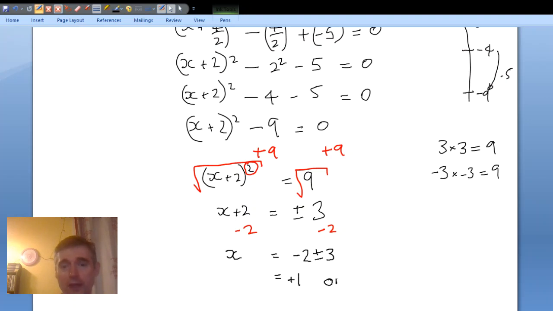And the other answer that we get is negative 2 take away 3, and if we look at the number line, we've got 0 there, negative 2 there, and if we're taking away 3 from that, we go further down, and we end up at negative 5. So we've got x is positive 1 or negative 5. And that's our answer.